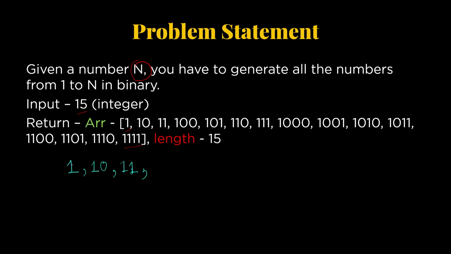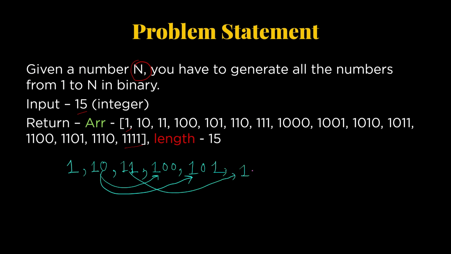So how do we generate the next two numbers? They can be generated by adding a 0 and a 1 to this number, and so on.